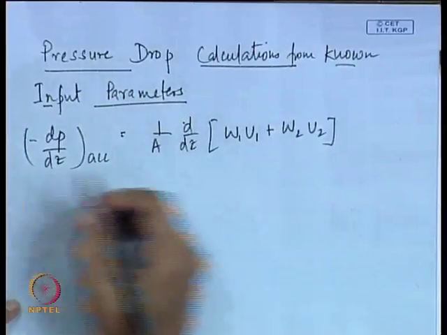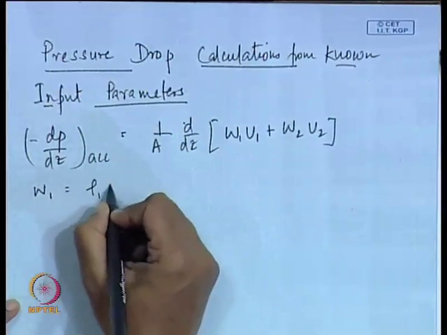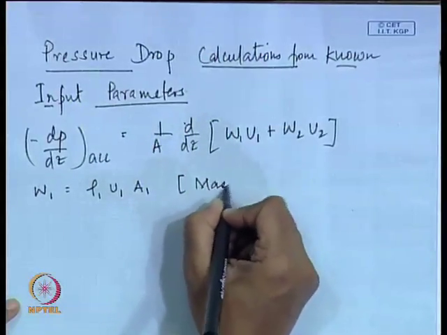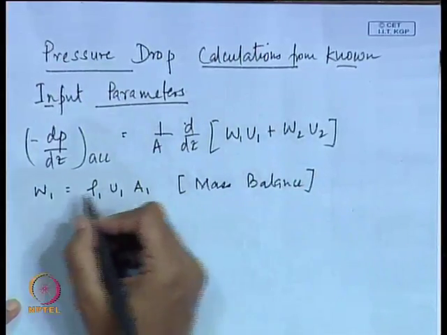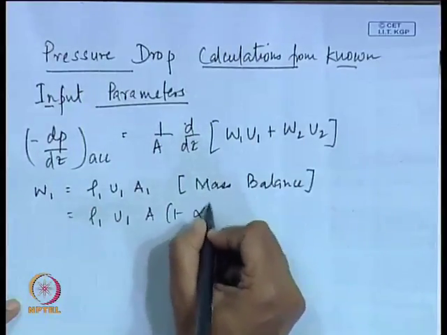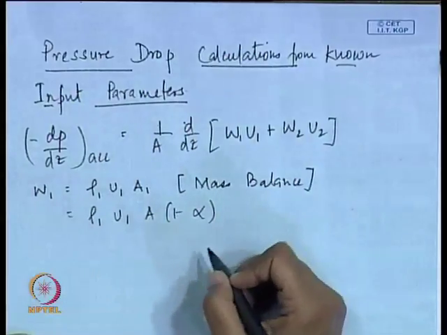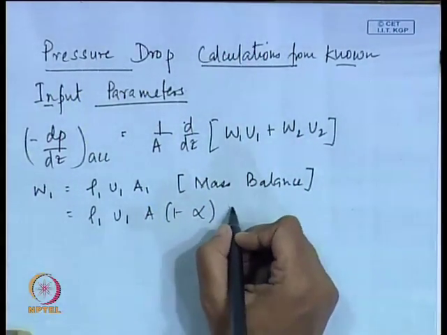So, in this particular case, we know from mass balance W1 equals, just from the basic equations I have started, rho 1 u1 A into 1 minus alpha. In your exams, if you are supposed to do any derivation, start from the basics and then start deriving, otherwise it is going to be very difficult.